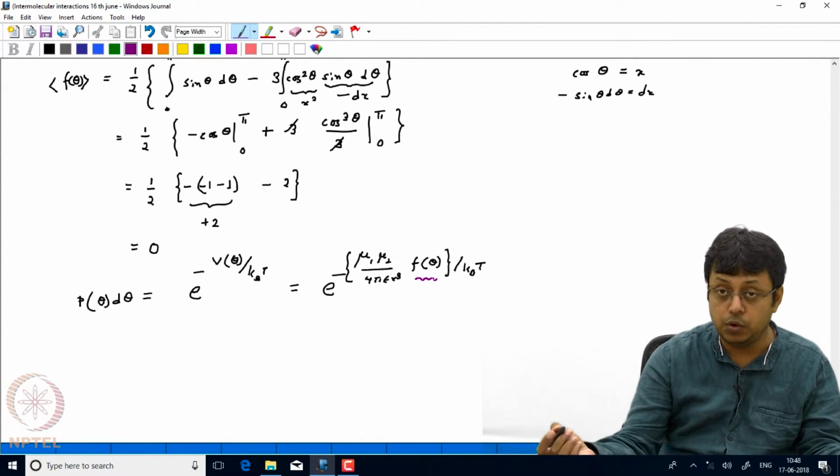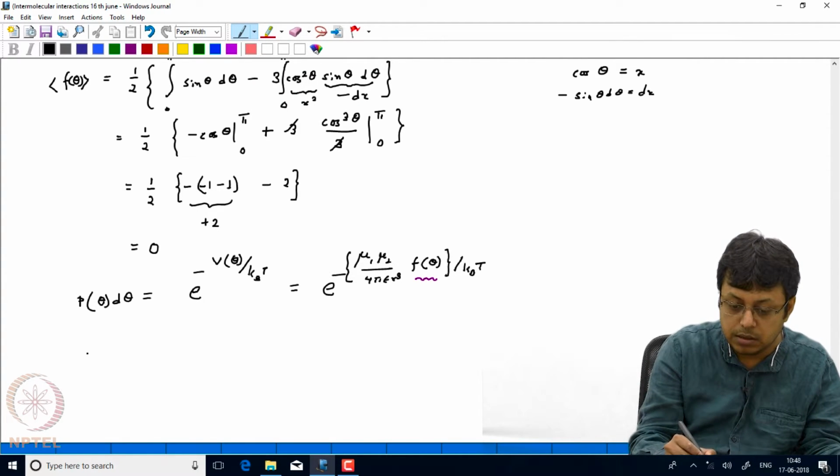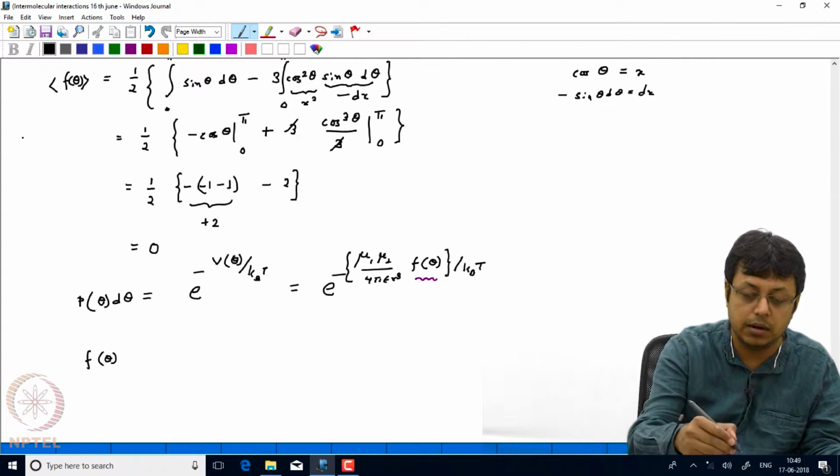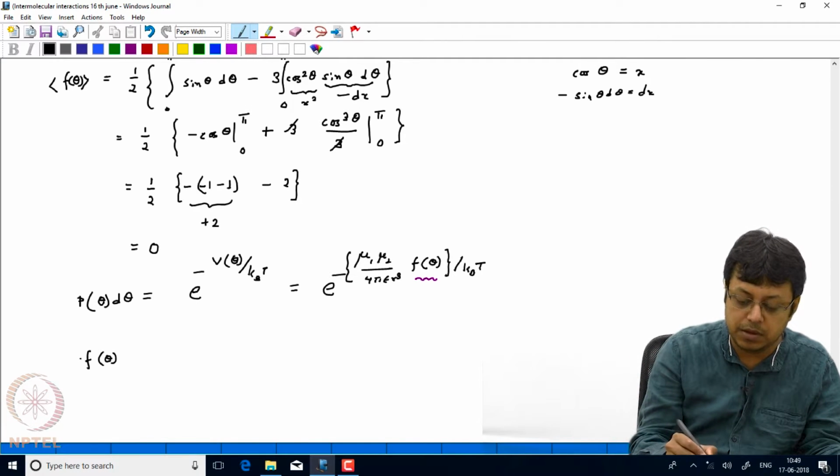So, what we have to do if we want to calculate the average interaction potential, because this was for the freely rotating case, where the dipoles are non-interacting, whereas the dipoles actually do interact with each other?